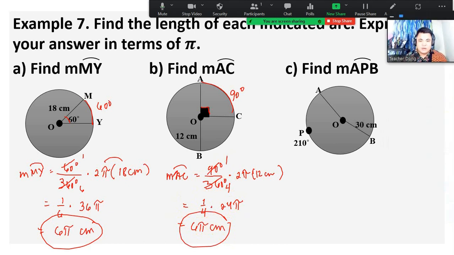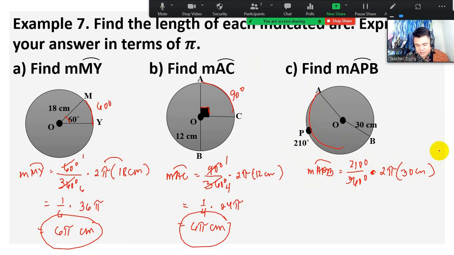Then, let's find the measurement of arc APB. The measurement of arc APB is 210 degrees over 360 degrees times 2 pi times the radius, which is 30 centimeters.